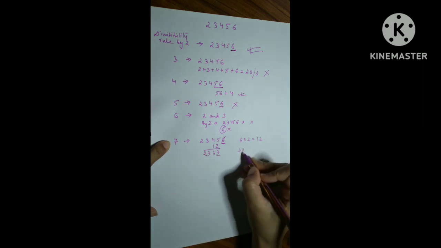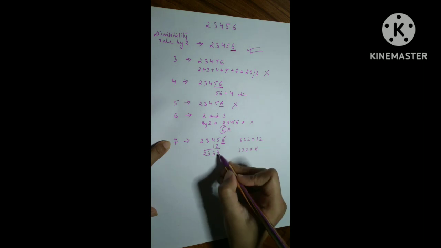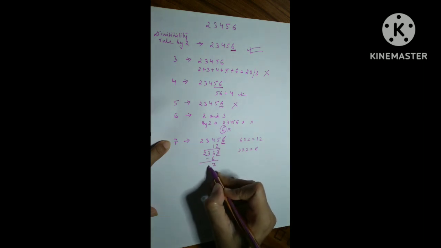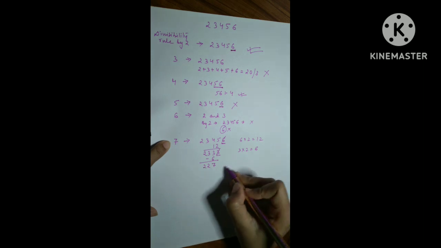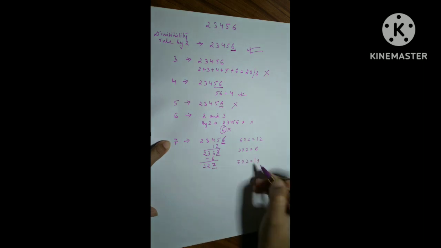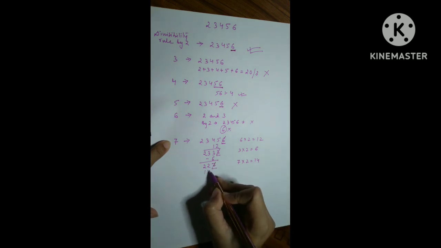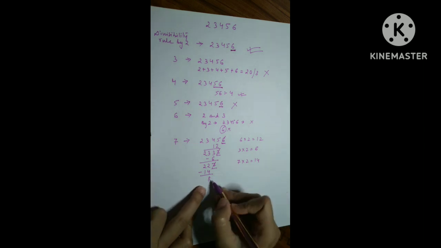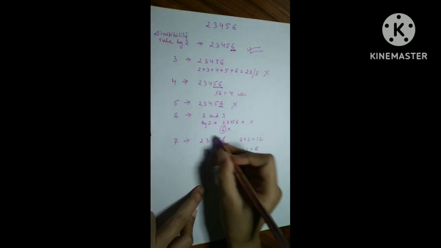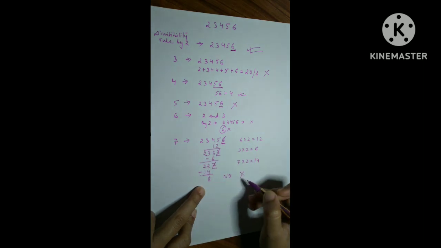Again. So is 8 getting divided by 7? No. So this number will not be divided by 7.